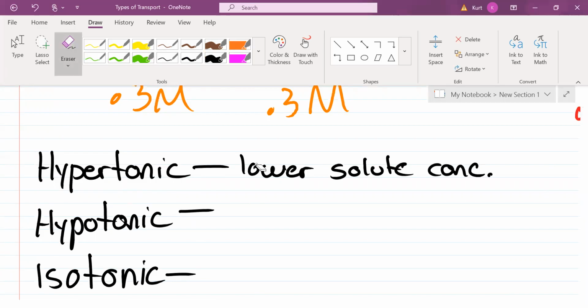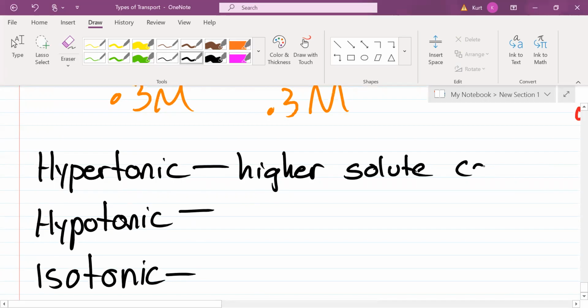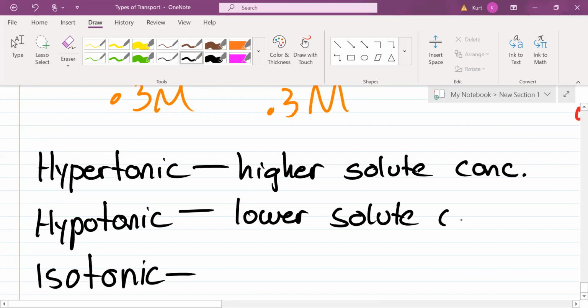I messed that up. Darn it. Hyper means a higher solute concentration. Hypo means a lower solute concentration. And isotonic means the same solute concentration.